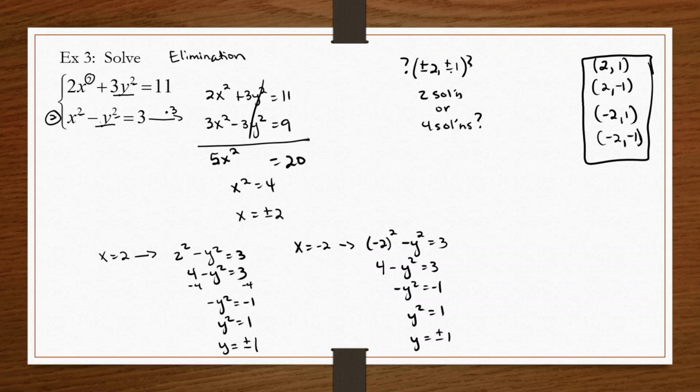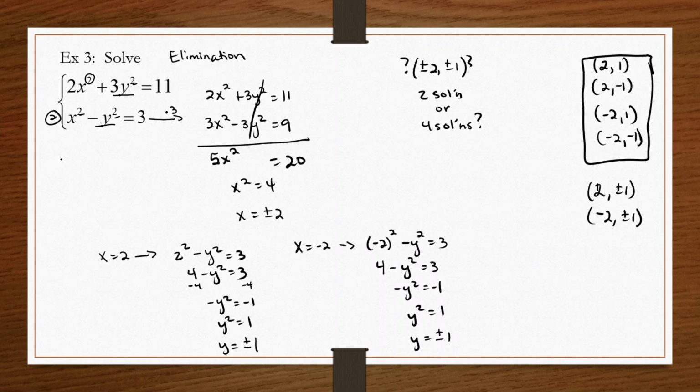So it's a little ambiguous. So we want to be sure we make sure it's all 4. If you must write it simpler, then I would do it as, 2 with plus or minus 1 and then negative 2 with plus or minus 1, because it is clear that that's going to be 4 points. Okay, but make sure we give the answer as all 4.